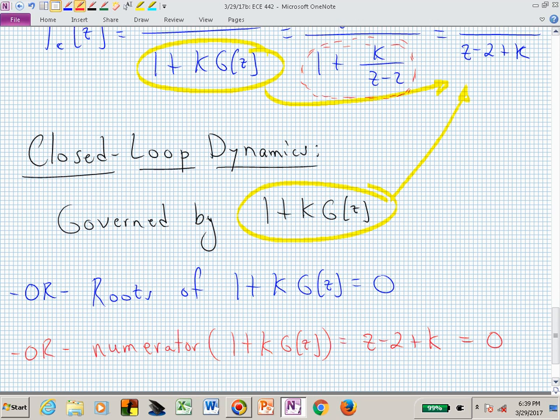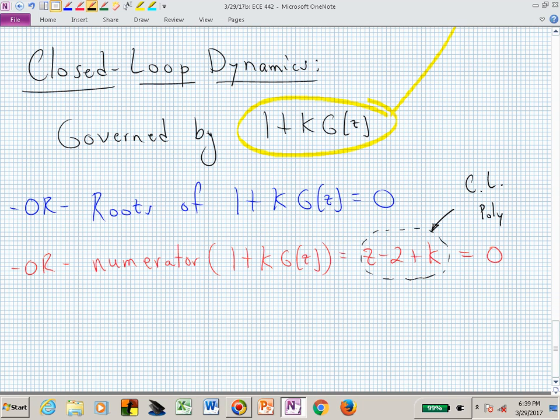And we call this right here the closed loop polynomial, or the characteristic polynomial. And what we want to do now is look at what happens when we have freedom to manipulate this proportional control, this k value. That's what we're putting into the system. Can we now adjust k to move the dynamics in a more appropriate way?